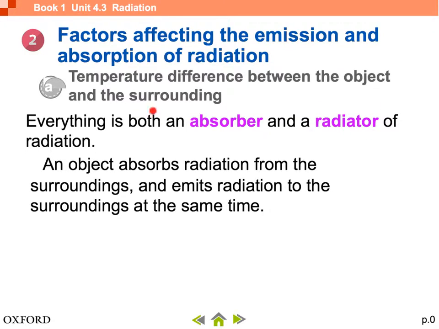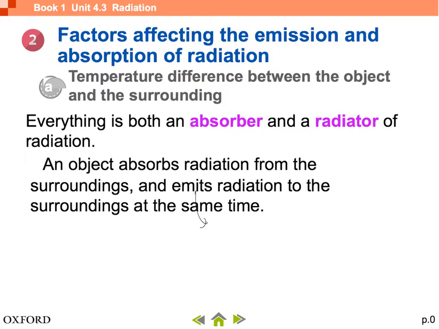At the same time, that object will also be an absorber to receive energy from other objects. So we can say an object will absorb radiations from the surroundings. At the same time, it will also emit.